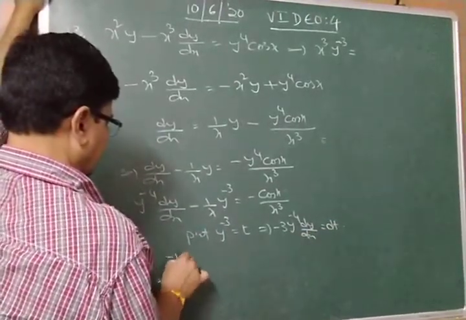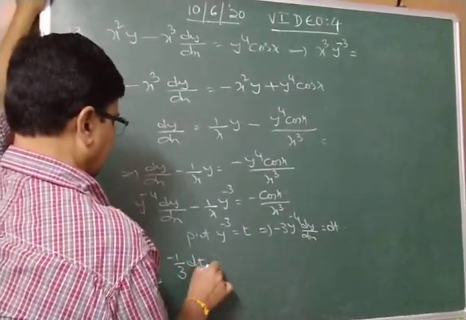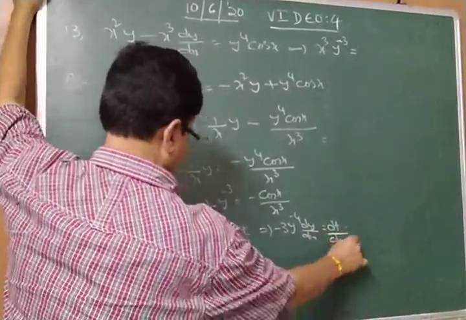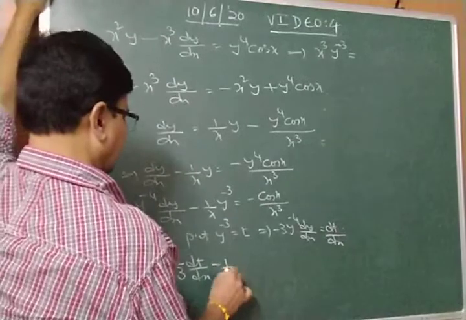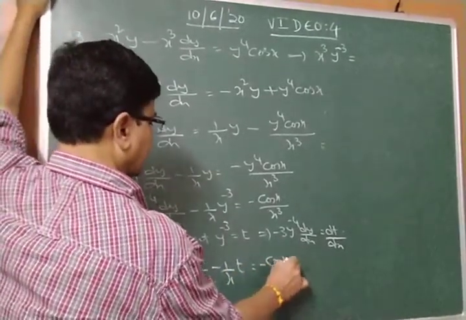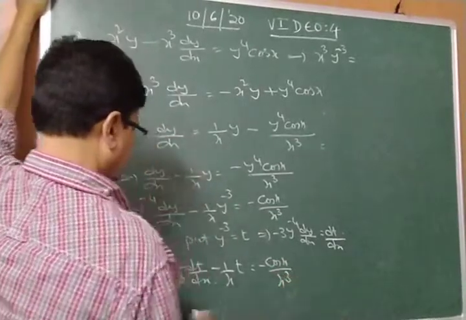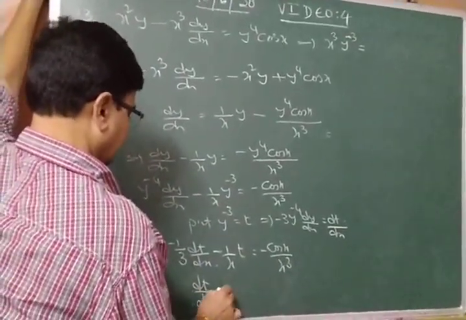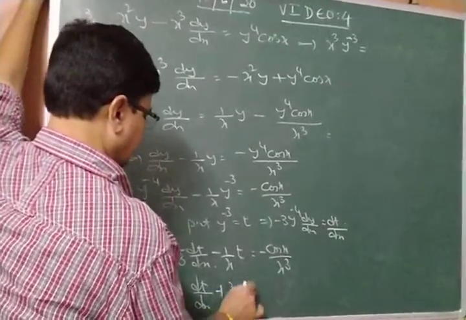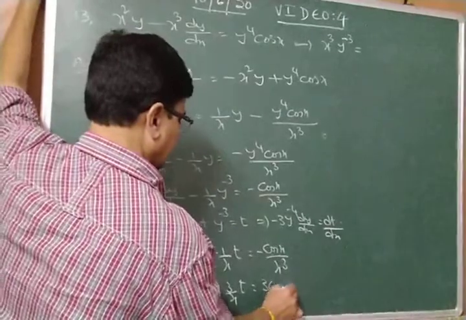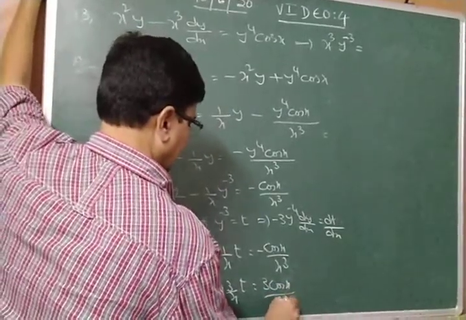This is minus 1 by 3 into dt by dx, minus 1 by x into t is equal to minus cos x by x cube. Now dt by dx plus 3 by x into t is equal to 3 cos x by x cube.